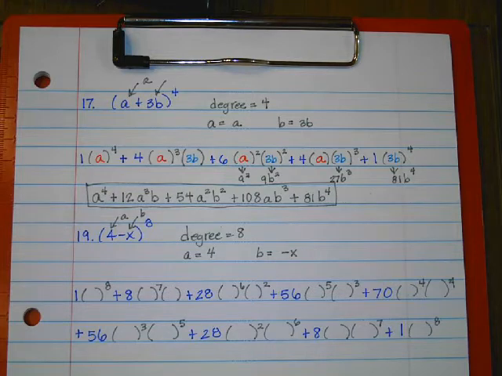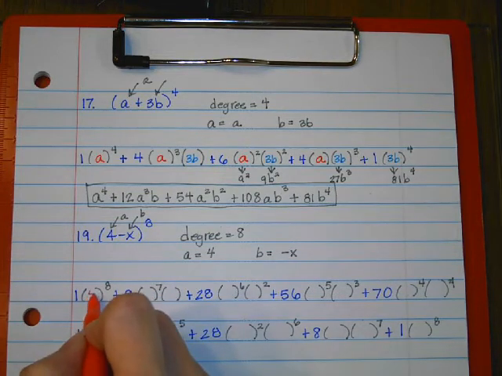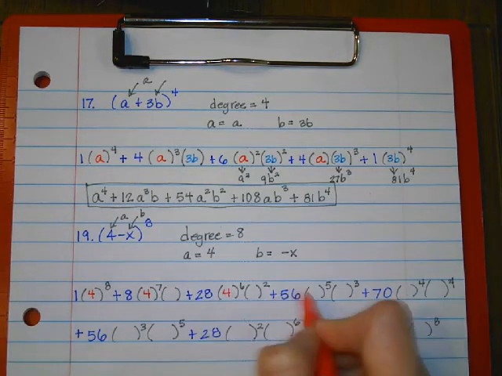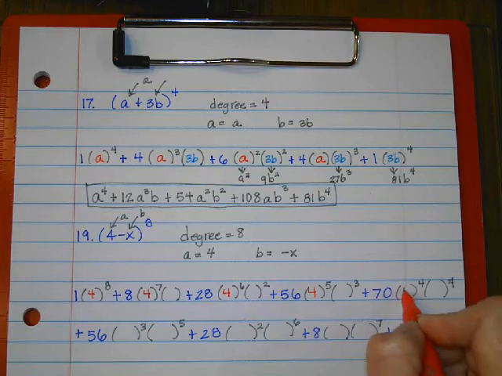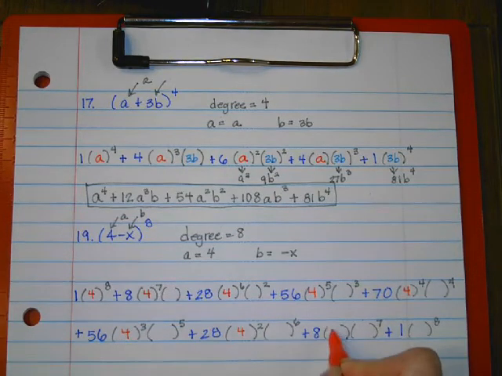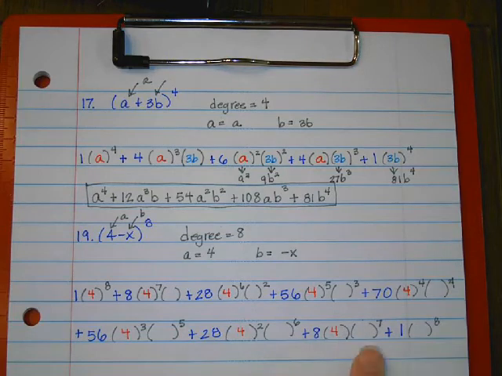We said our A value is 4, so 8th power, 7th power, 6th power, 5th, 4th, 3rd, 2nd, 1st, none. Here, this is our none. We're going to do our B value. Our B value is negative x.